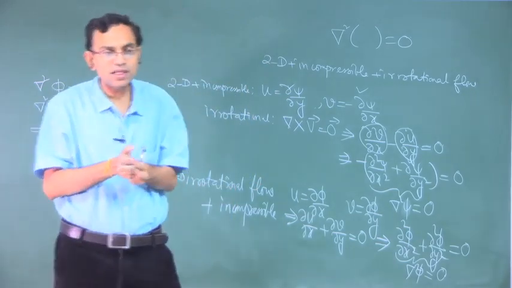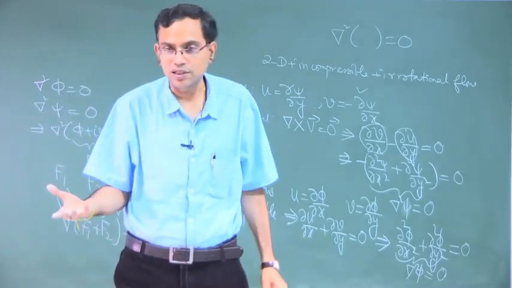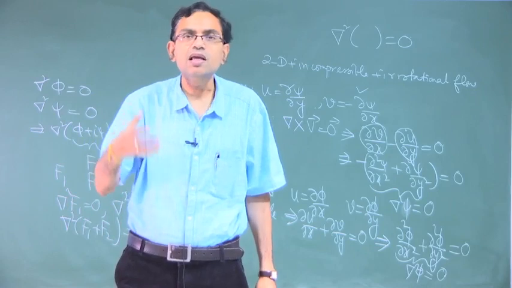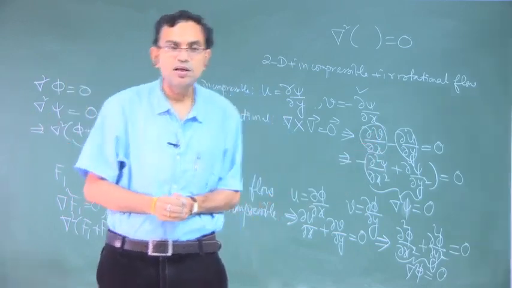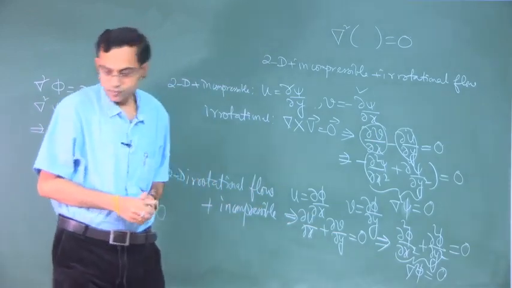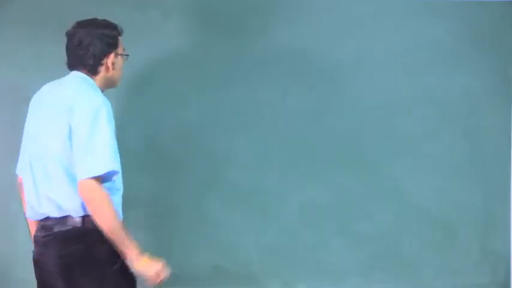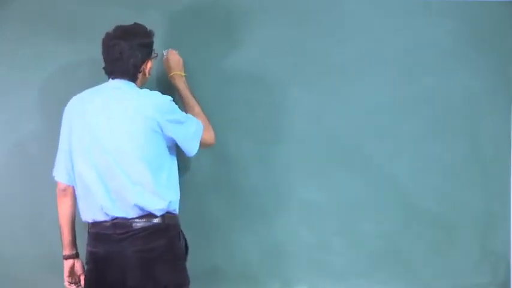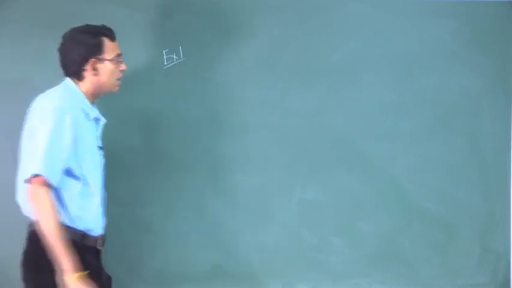So, the objective will be: what superposition gives the flow past a circular cylinder, what superposition gives flow past an elliptic cylinder, these kinds of questions we will try to answer. So, we will start with the first example, uniform flow.